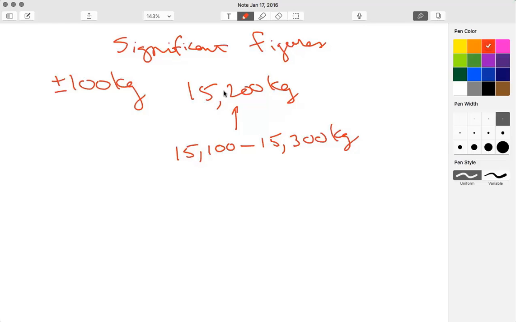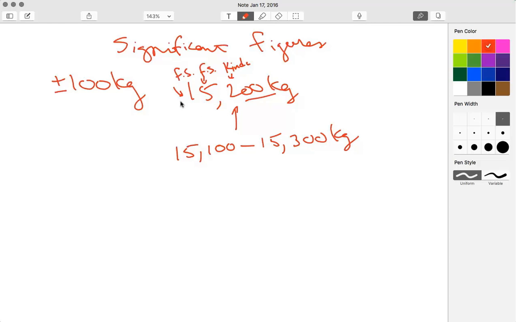Whenever you report significant figures, you always report all the digits that you know for sure. This one's going to be for sure. One number you kind of know. And then any others past that, there's no possible way that you know these numbers.